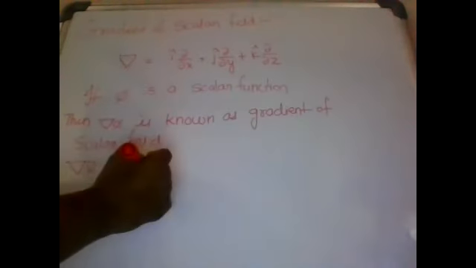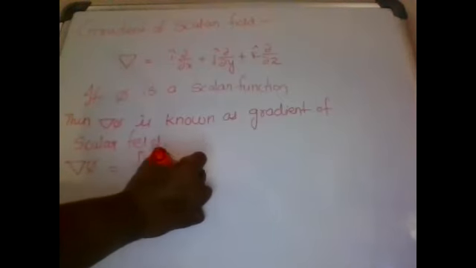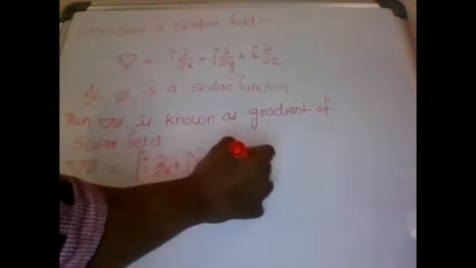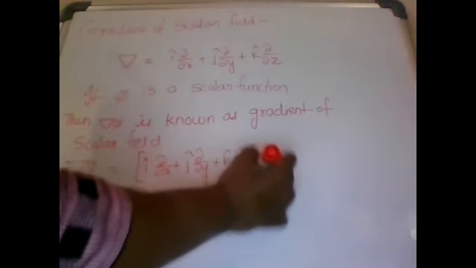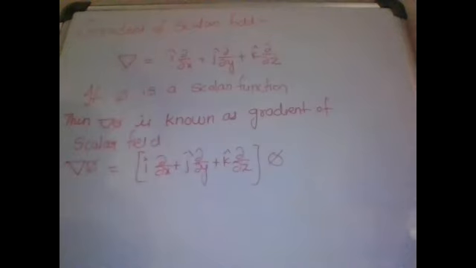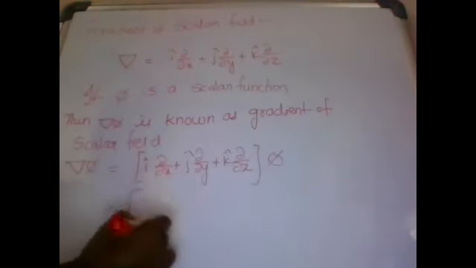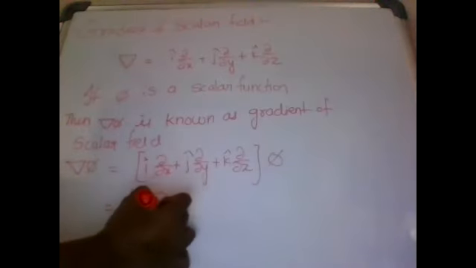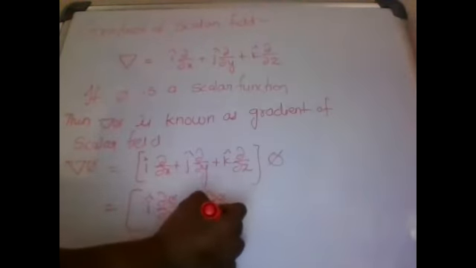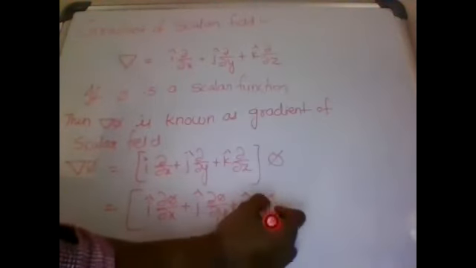So del phi we can write, what is the del? i dou by dou x plus j dou by dou y plus k dou by dou z into phi, the scalar field. So multiplying each component with phi, we get i dou phi by dou x plus j dou phi by dou y plus k dou phi by dou z.